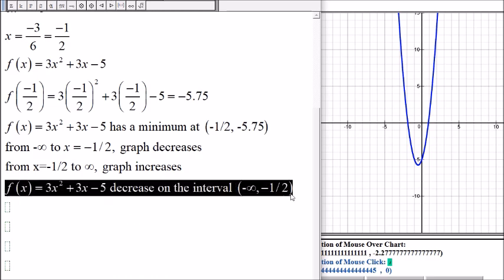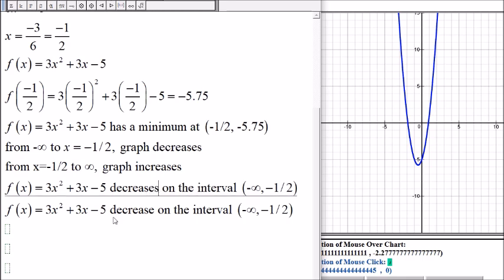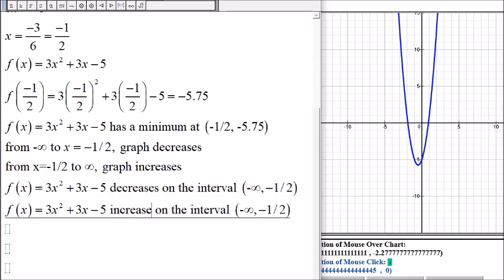And then we say that f of x increases on the interval from negative 1 half to positive infinity.